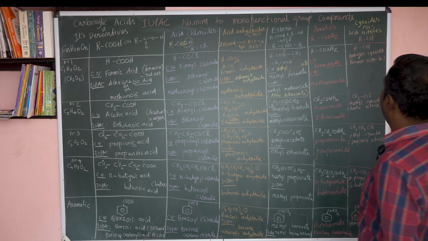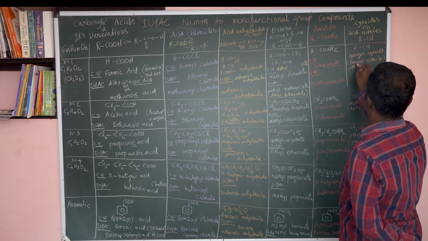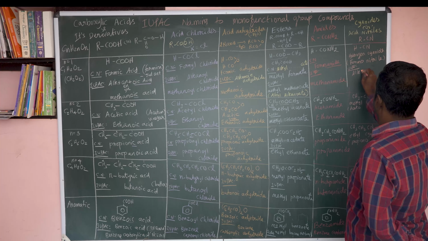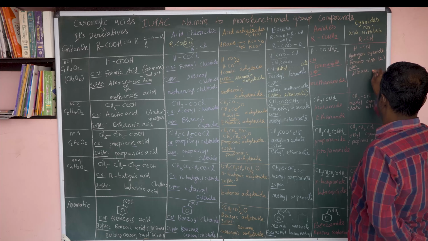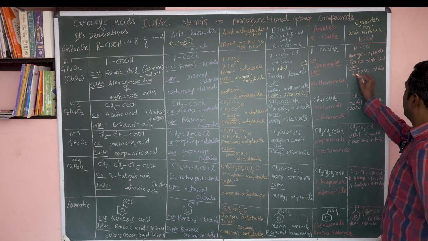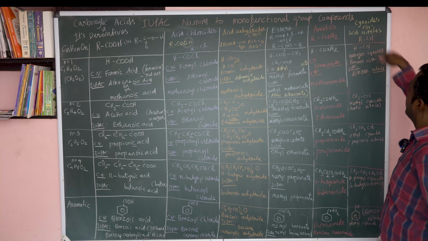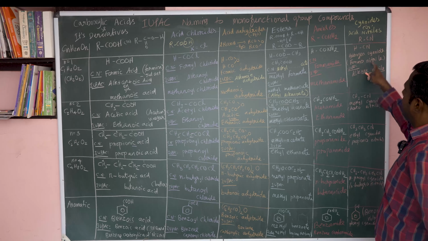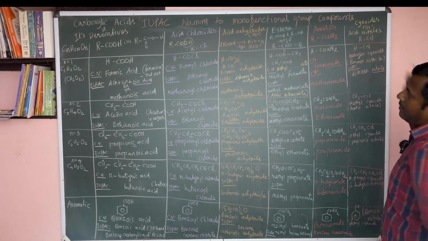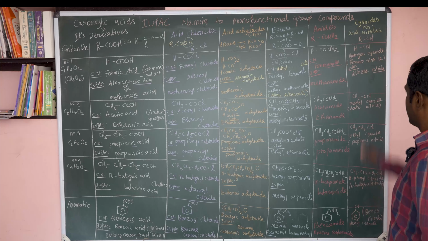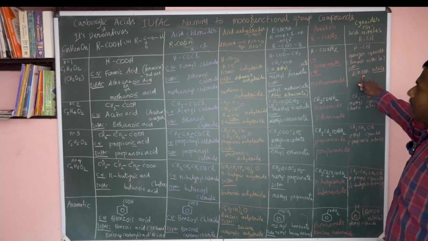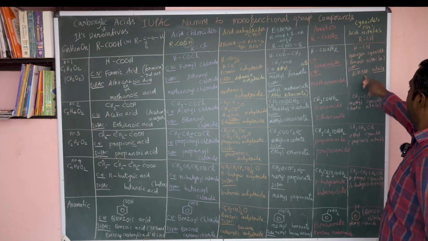IUPAC name: simply the number of carbons is counted and the corresponding alk is written. No double bond means an, and then nitrile. Alkane nitrile is the general IUPAC name. So there are two kinds of names: one is the acid nitrile, from the acid, which is a common name. In IUPAC also, we give nitrile: number of carbons, the respective root word, and only single bonds means an, any double bond means en. So alkane nitrile.